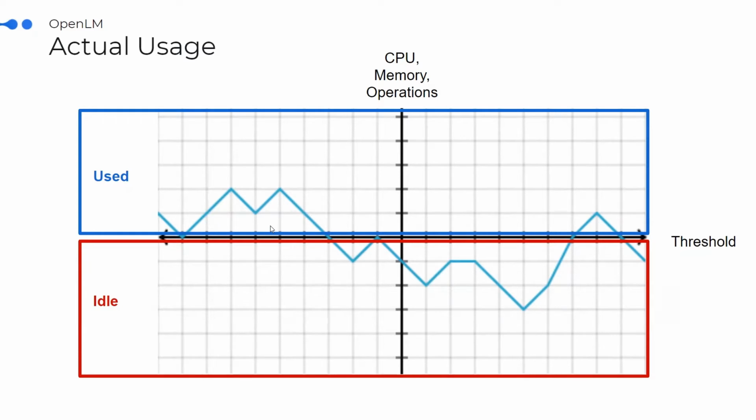Or maybe the application is using itself. It's doing some simulation, some emulation. So it's being used. The agent knows that. But once it drops below that threshold, the agent knows the user is currently idling. That application is currently idling. That means the license can be used for someone else.